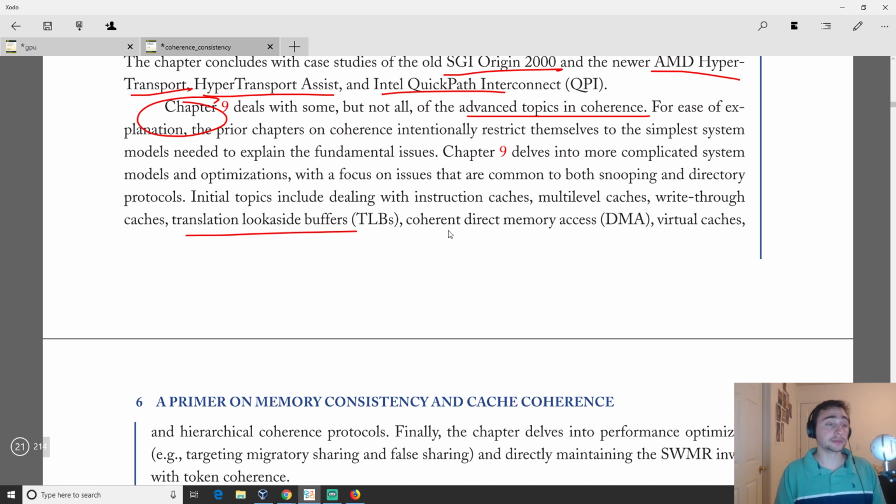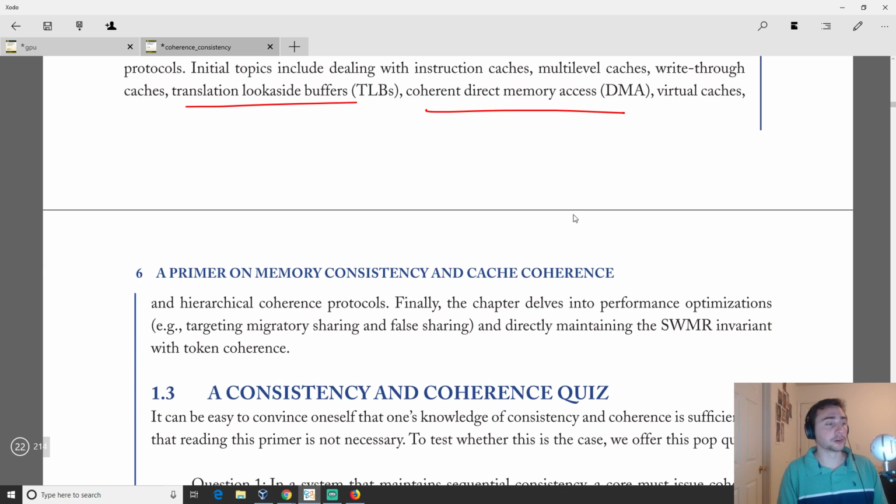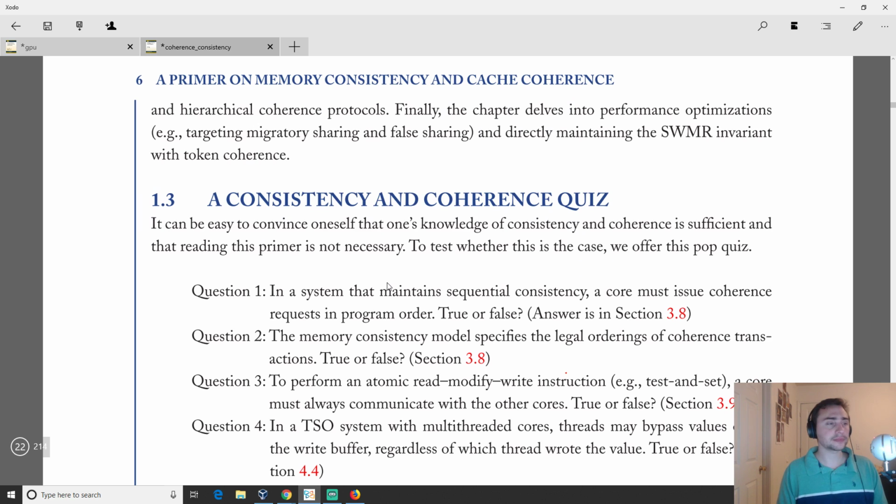How do we handle coherent direct memory access? What if another core, or another node completely, is trying to reach into our memory using something like RDMA or InfiniBand? And then things like virtual caches as well.